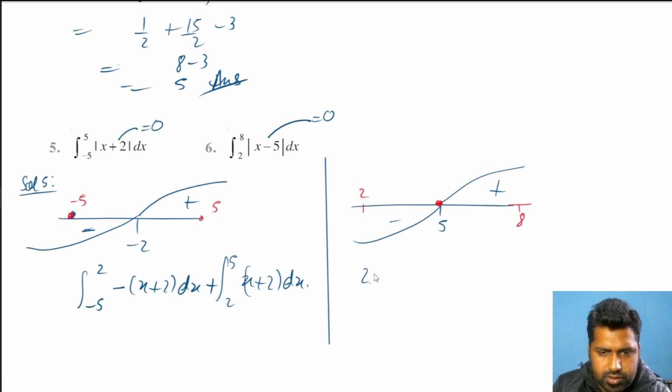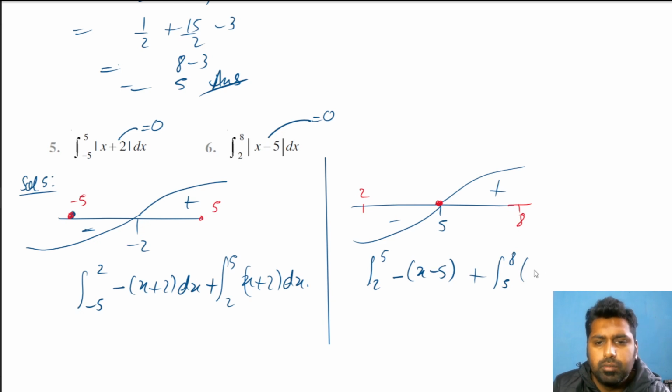So integration 2 to 5, it will open with negative sign, minus of x minus 5, plus integration 5 to 8 with the positive sign, x minus 5. Okay. All right, this is done. Let me deal with mod first. There are two more questions.